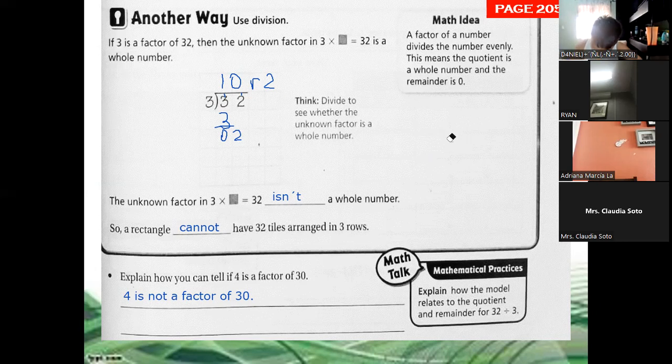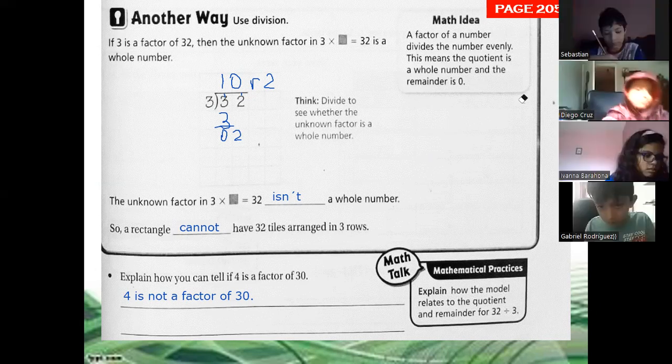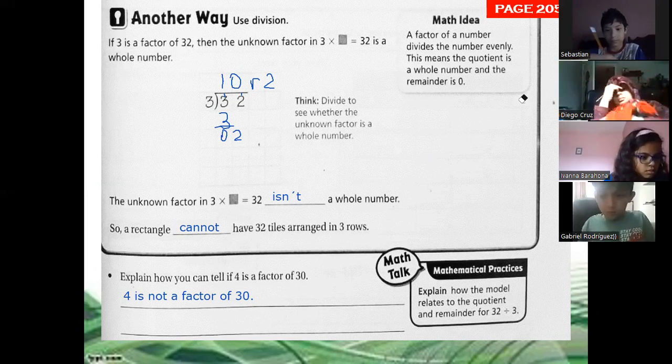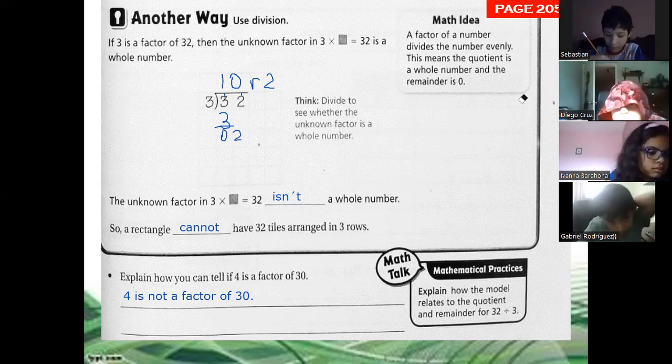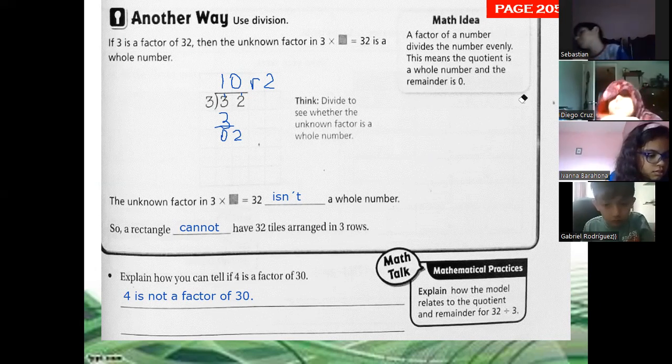So besides that, I repeat over and over again in class that I said to you, show the procedure, print the page. If you cannot print the page, copy the exercises in your notebook and show me the procedure. Look, see?